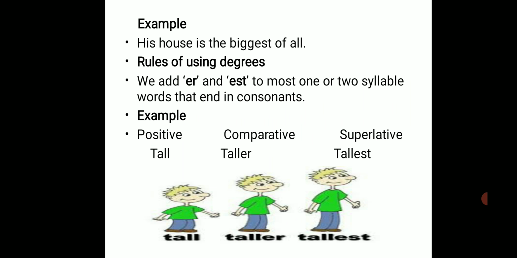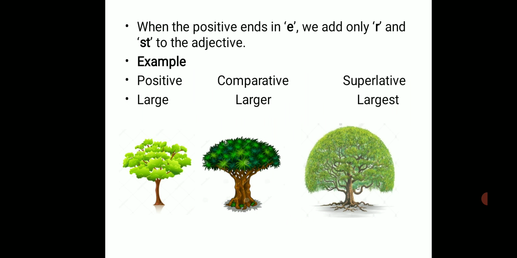So we add er or est when we make the adjective comparative or superlative. Observe, for example, tall, positive; taller, that word takes er to become comparative and takes est in superlative: tall, taller and tallest.